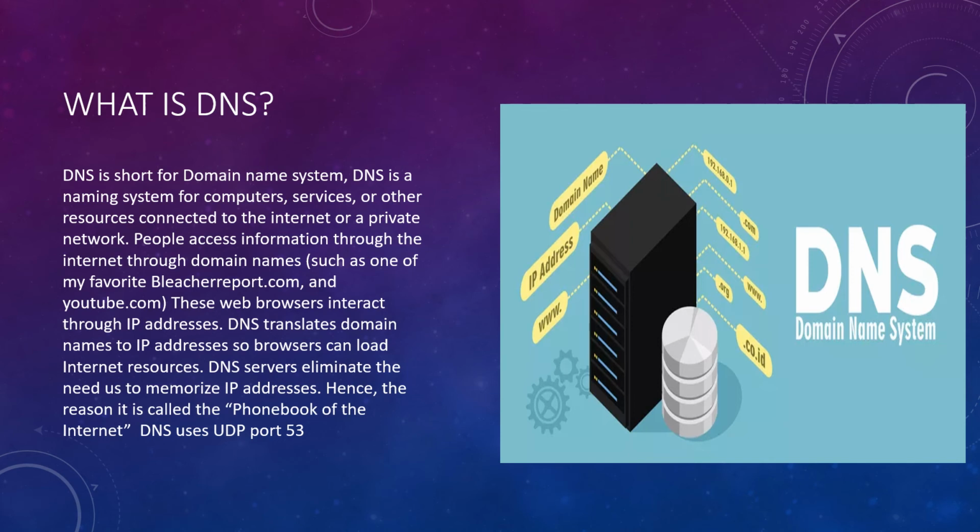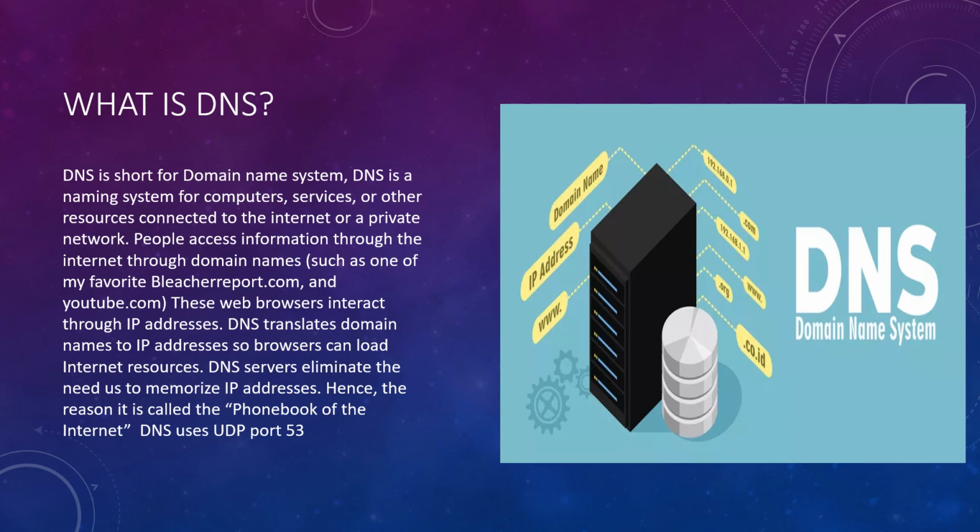Web browsers interact through IP addresses. DNS translates domain names to IP addresses so browsers can load the internet resources. This is a very good statement. It eliminates the need for us to memorize IP addresses, which would probably be annoying.